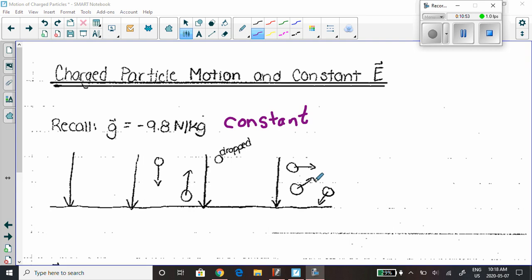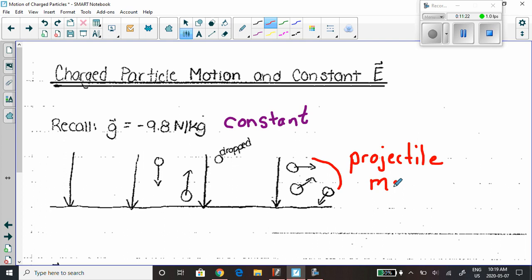Or a ball is thrown forward and upward in a constant gravitational field. Or maybe it's thrown forward and downward or backwards and downward in a constant gravitational field. And these three all led to my friend and yours, projectile motion. It was really cool.